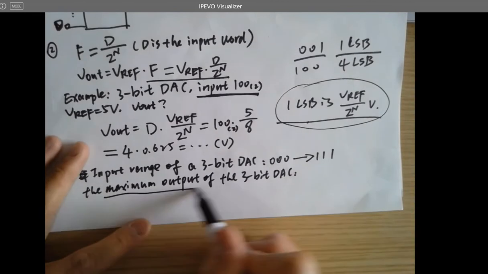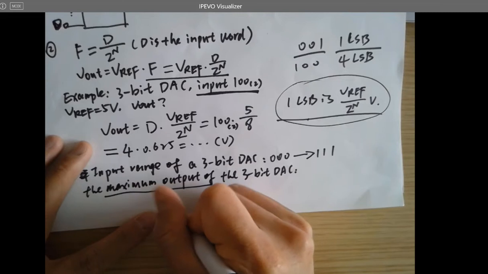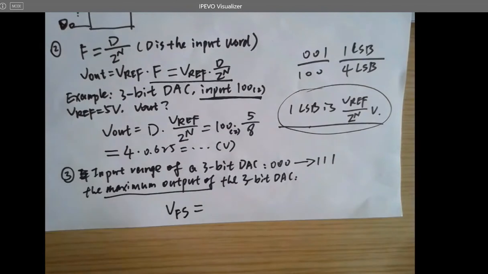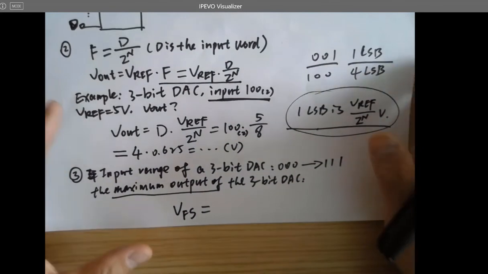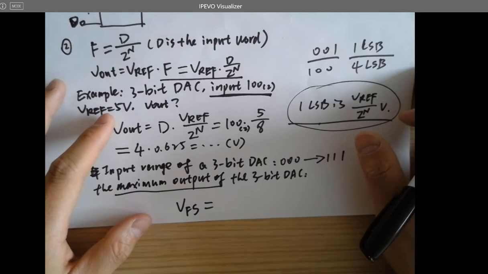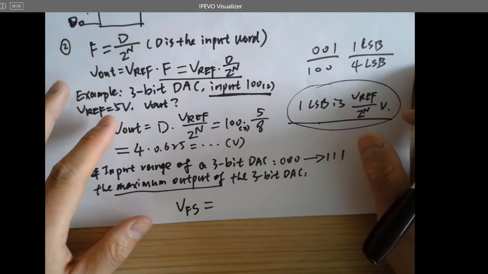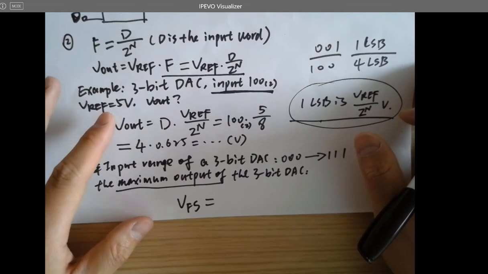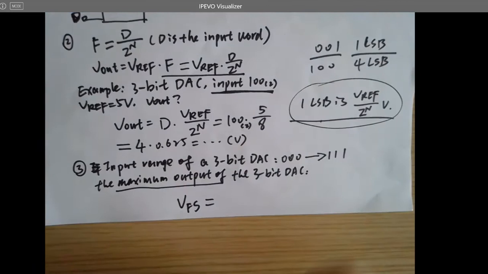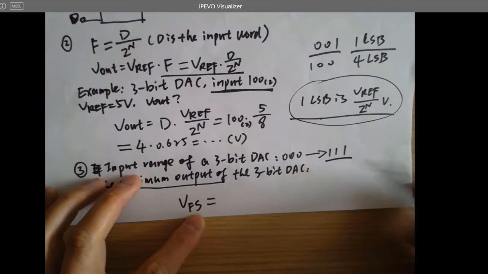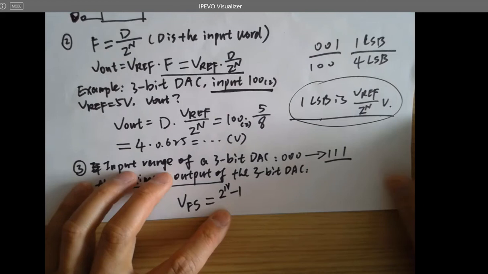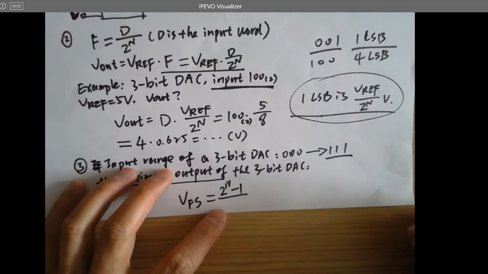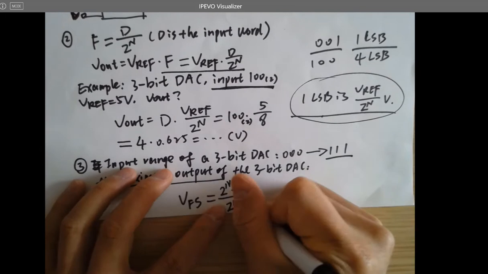So the maximum output is also called V full scale, VFS, equals, if you generalize the equation, 2 to the n minus 1. Do you agree with that? And what's the full range in total? 2 to the n, right?